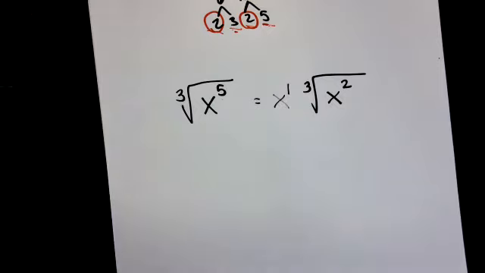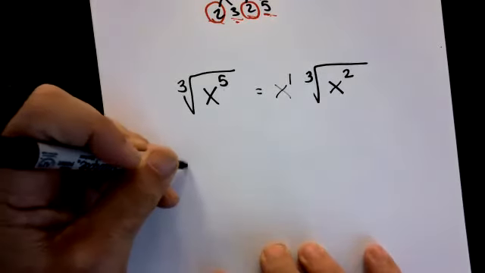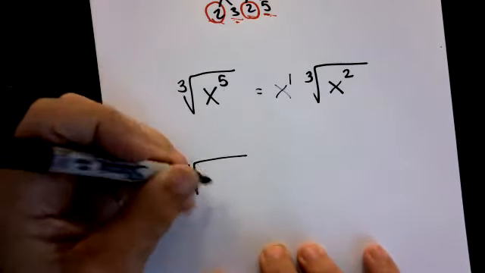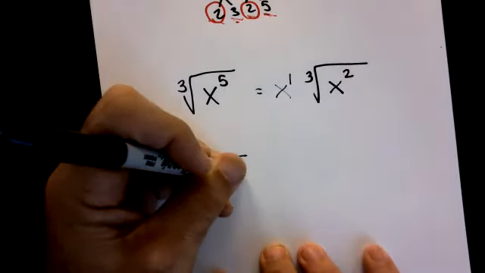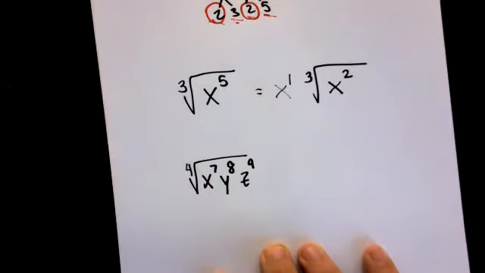And then you could do that for each variable. For example, if they asked for the 4th root of x to the 7th, y to the 8th, z to the 9th.